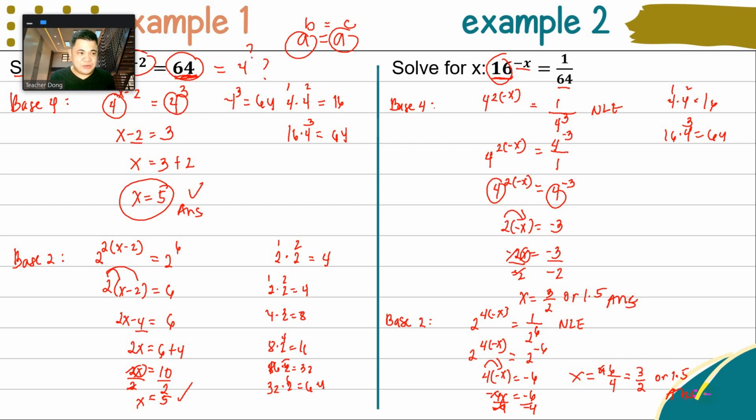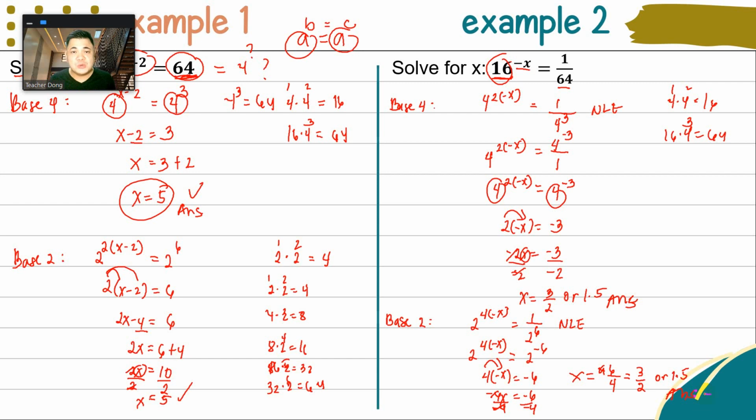Or the other tip for this one, you have to make sure that when you expand a specific number to a specific base with a power, it is equal to the original number. So, for example, 64, and if the base of 64 is 2, so we have 2 raised to the power of 6.